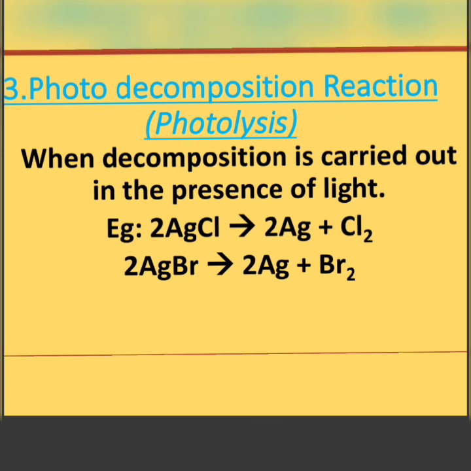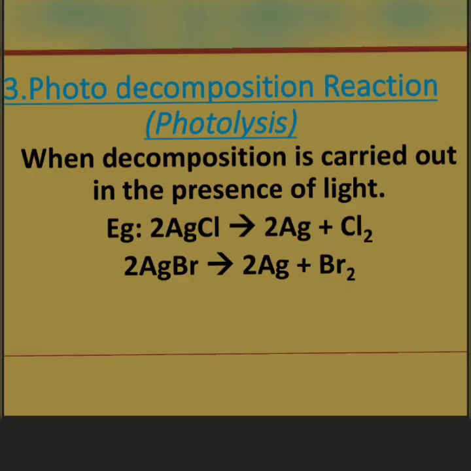So basically, most decomposition reactions are endothermic in nature. That means decomposition reactions take place by absorbing energy. Is that clear? And combination reactions are exothermic in nature because they result in the liberation of energy, whereas decomposition reactions are endothermic because they result in the absorption of energy.